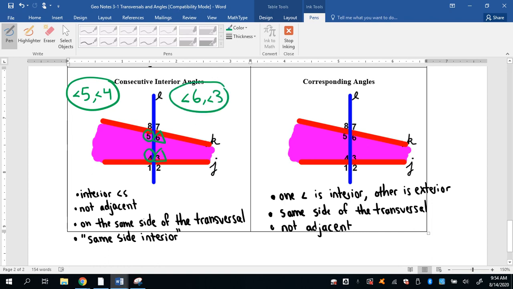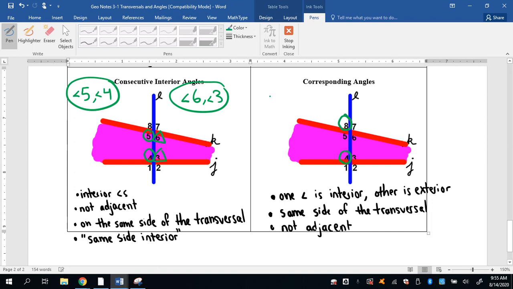Last vocabulary you have to know for this section is called corresponding angles. One angle is interior, the other is exterior. They have to be on the same side of the transversal and they cannot be adjacent. So if I start with angle 8, I have to find another angle on the same side of the transversal. Because 8 is exterior, my other one has to be interior, but it cannot be adjacent.